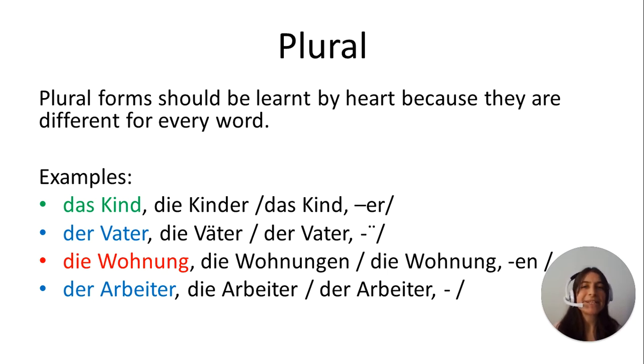What happens here is that we have a few forms for plural. Let's say there are 8, 9 different forms, and here I have brought some examples. For example, das Kind, die Kinder. You see here the plural form is the ending er.